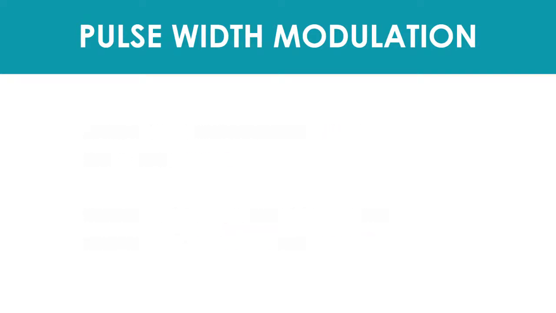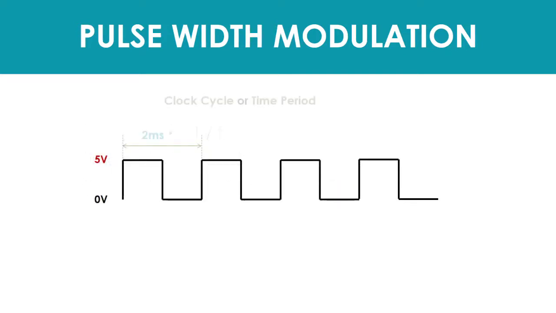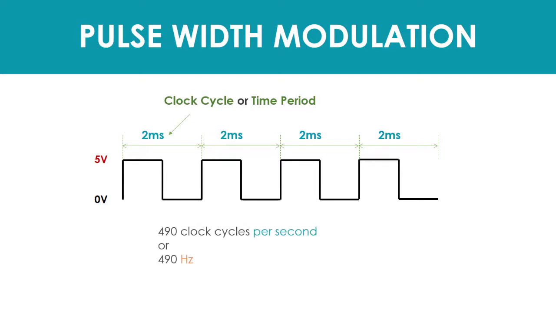And if we get 1 divided by 490 Hz, it gives us 0.002 seconds or 2 millisecond time period, meaning 2 millisecond time period for each clock cycle in an oscillating clock signal. Thus, you can say 490 clock cycles per second, or simply 490 Hz.